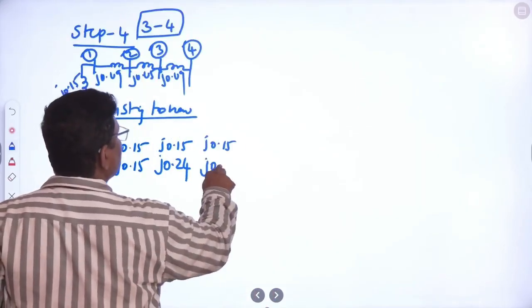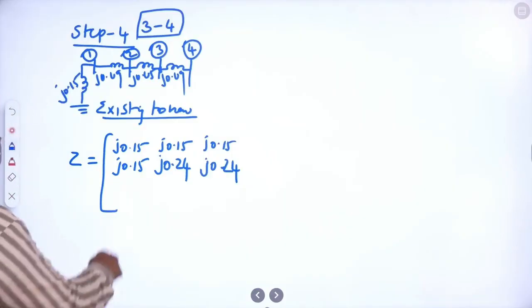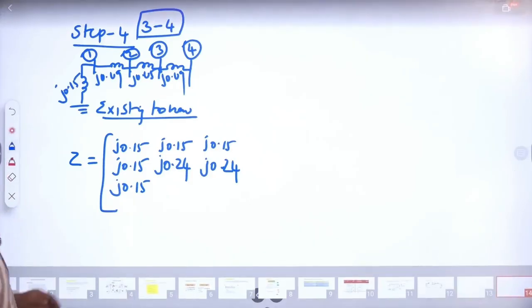Yes. So in the third row, in the previous case we got a 3 cross 3 matrix. The same matrix we can implement here also.